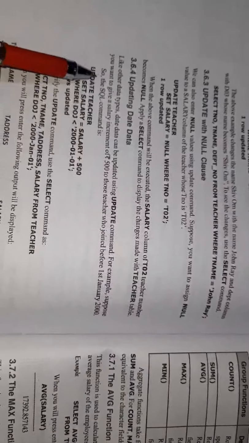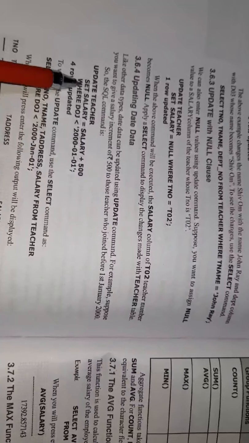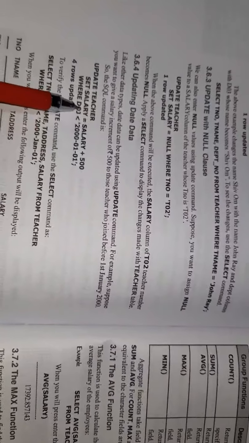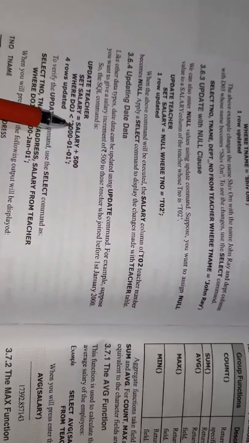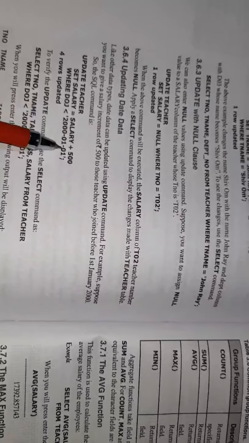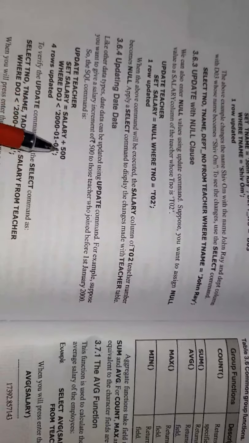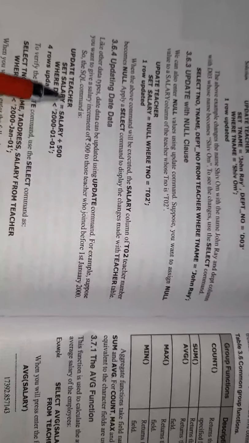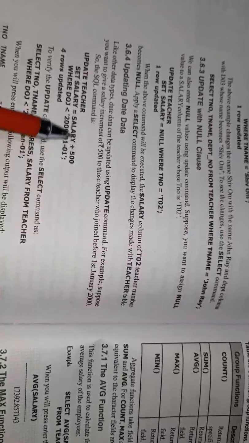Here: update teacher set salary equals to salary plus 500 where date of joining is less than 2011, that means till 1999 December 31st. In that case, those teachers' salary will be incremented by 500 rupees.